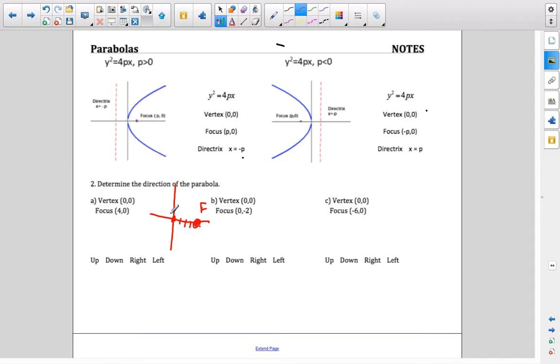This went 4 to the right, say, and the directrix is going to be back here, going 4 to the left. Since the focus has to be inside of the parabola, I know that my parabola is going to open to the right.